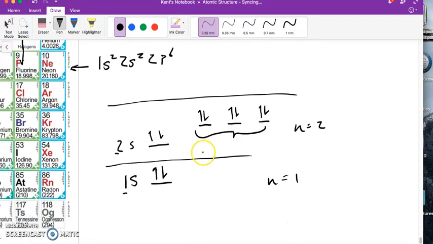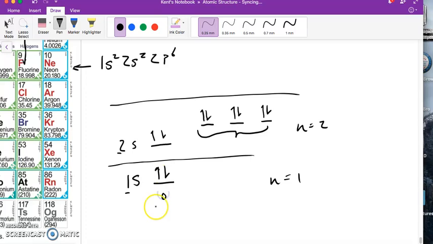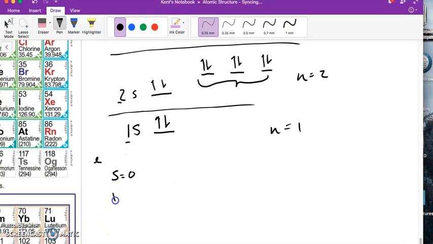Here is where L is 0. So s is where L is equal to 0, so s is 0 for our quantum number L. And p is where L is equal to 1.